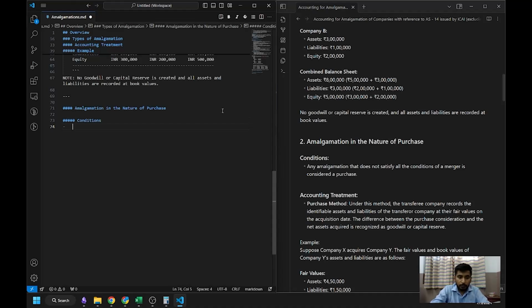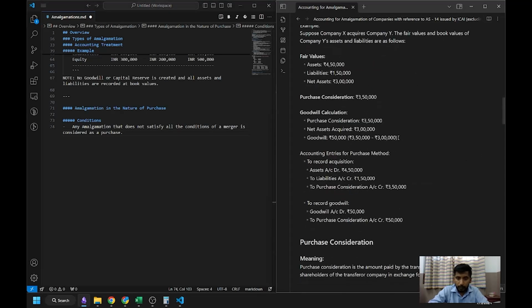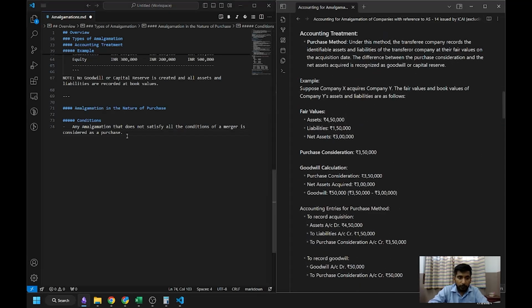Any amalgamation that does not satisfy all the conditions of a merger is considered as a purchase. If all the conditions of the merger are not satisfied, that means it is a purchase. One company acquired the other company. Okay. For that, the accounting treatment will be as follows.